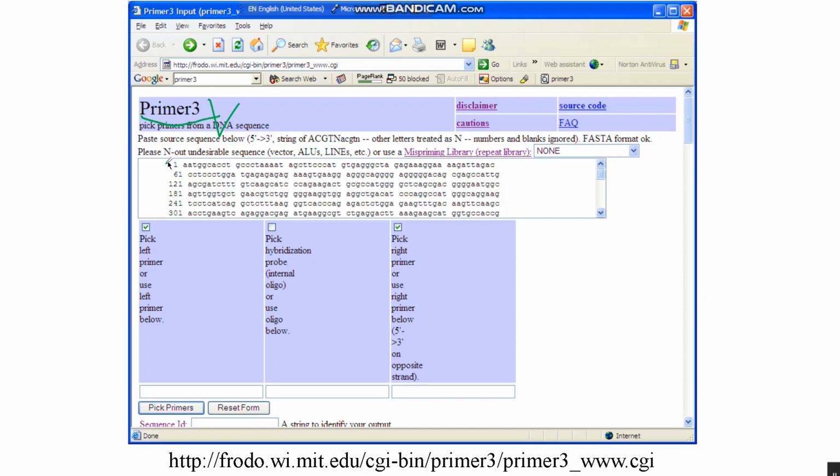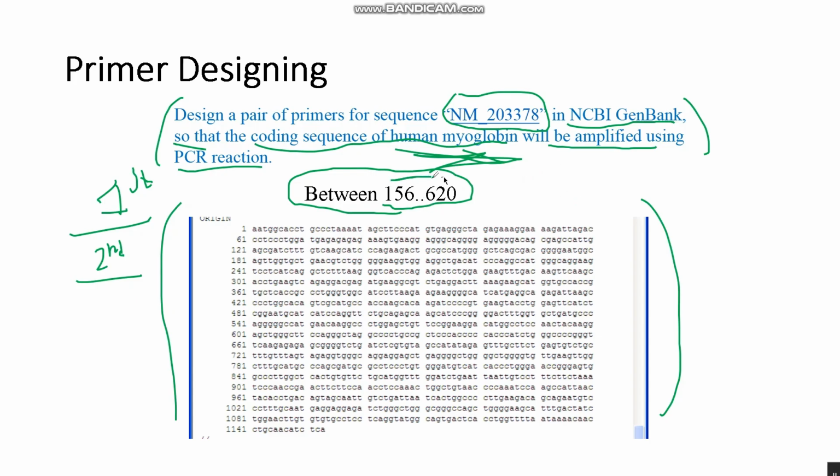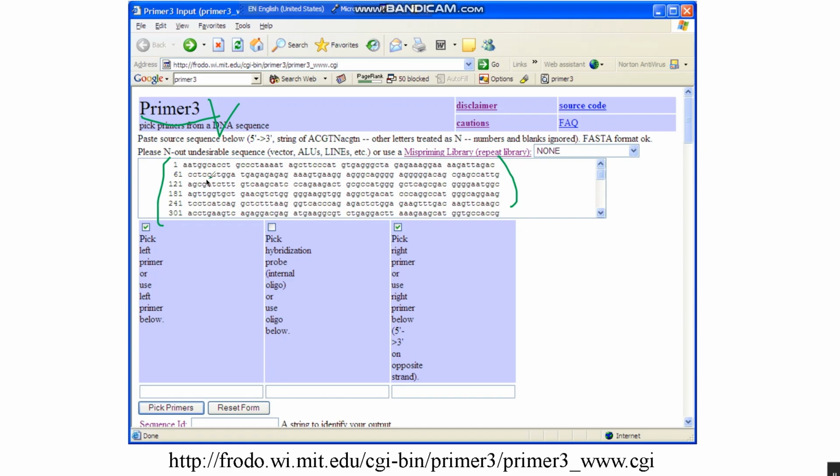You pick the primers, you copy 156 to 620, and paste it here. Then check pick left primer and right primer. Don't select the others, these are used for molecular diagnostic steps. Don't check them here.